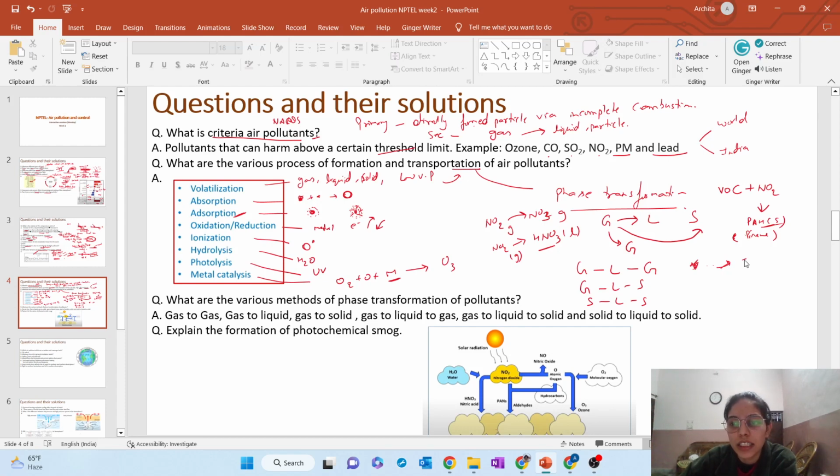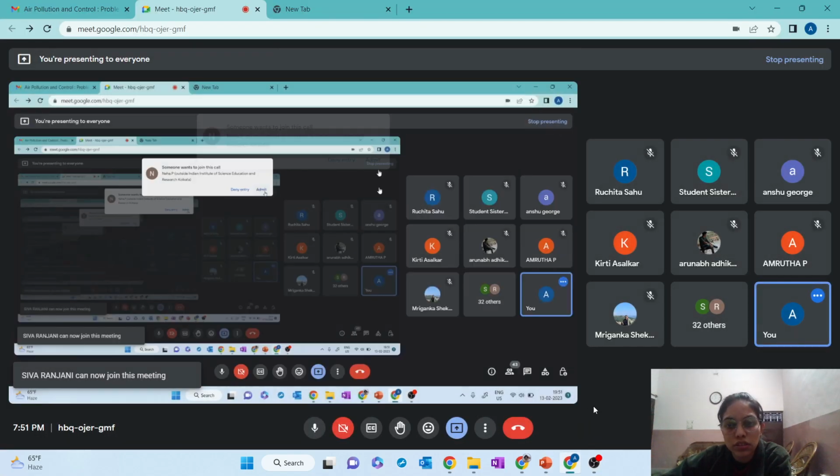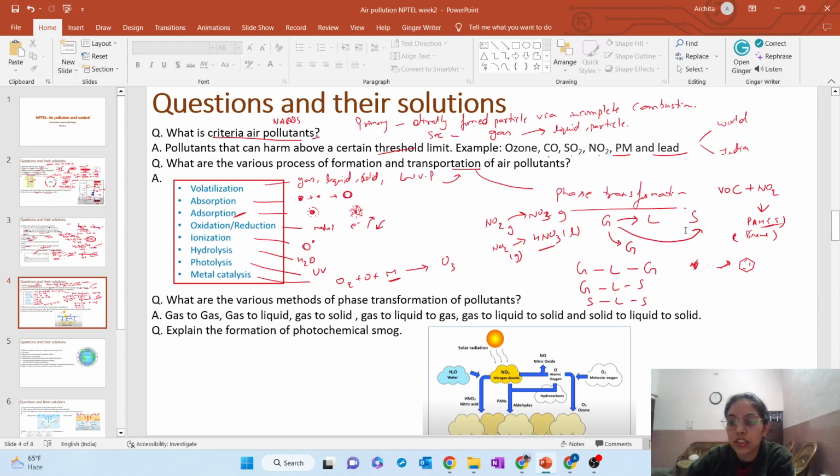Simplest is the VOCs in the atmosphere, this is benzene, so some of the VOCs can condense or liquefy, and then further become gas. So it depends on its vapor pressure.